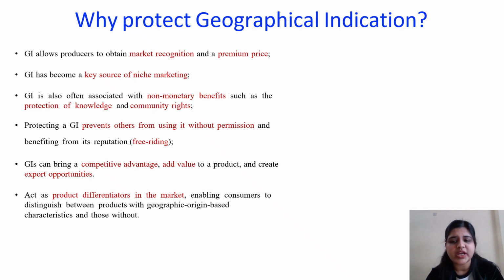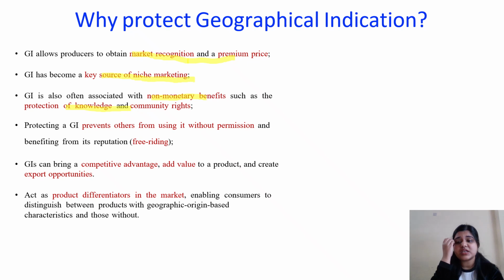They cannot even afford to carry out their trade or profession, that is producing this GI product, and they slowly die out. So in order to gain market recognition and sell the product at a premium price, we need this GI tag. It also has benefits by providing a source of niche marketing. It also comes with some non-monetary benefits like protection of knowledge and community rights.